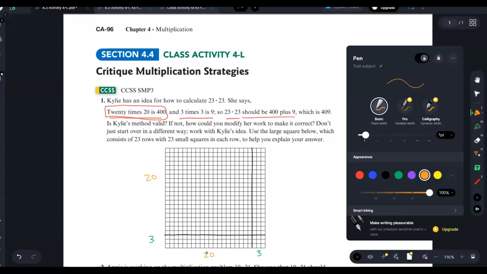So when she does 20 times 20 and gets 400, what she's actually doing is she's finding the area of this large square, right? The largest square, the 20 by 20. So let me shade that here.